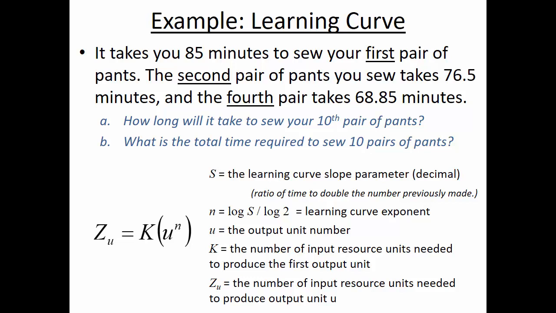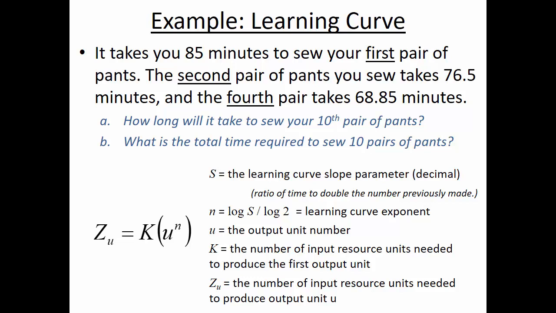So if we want to find out how long it will take to sew the 10th pair of pants, what we have to know is what is n for this learning relationship. And so it's going to be the log of 0.9 divided by the log of 2 to get the n factor.